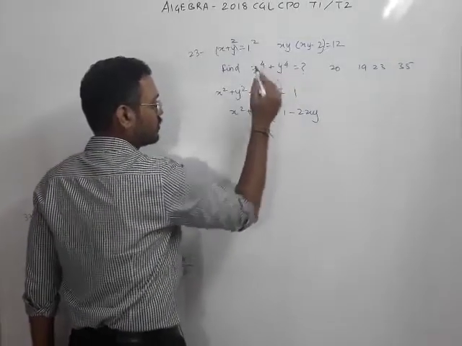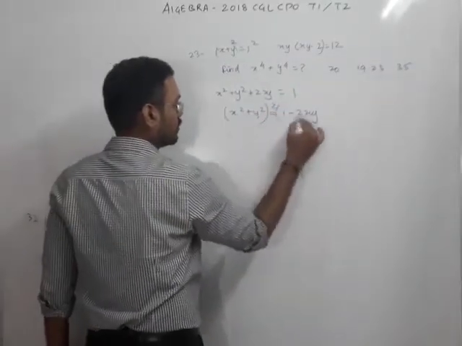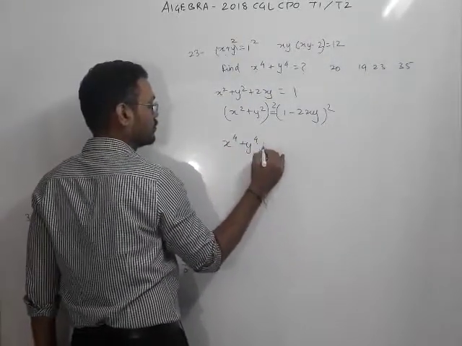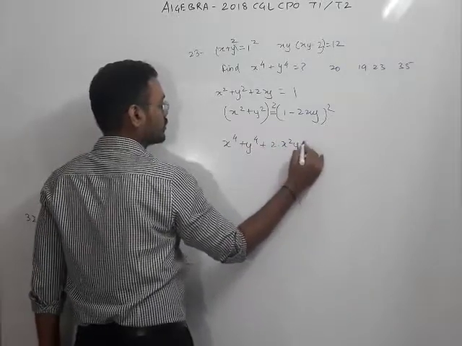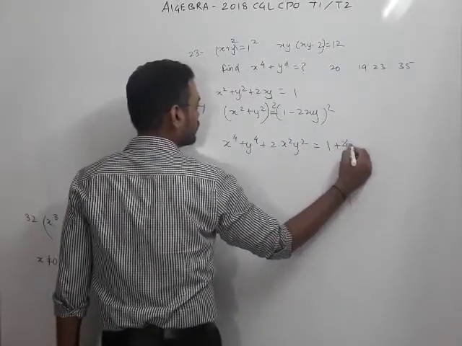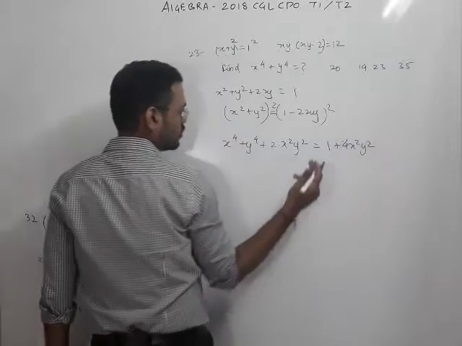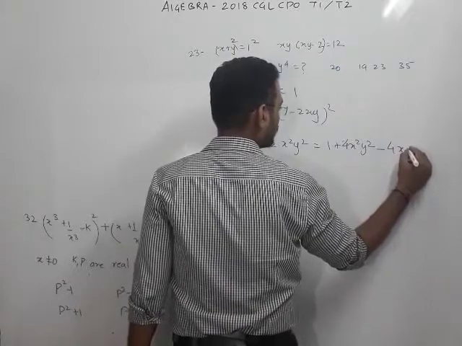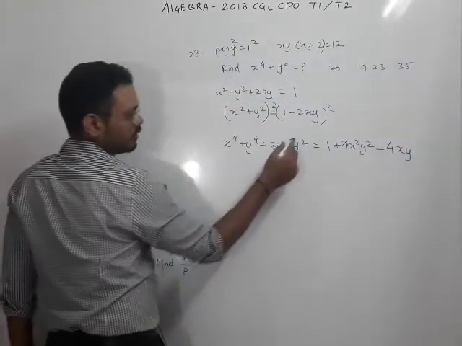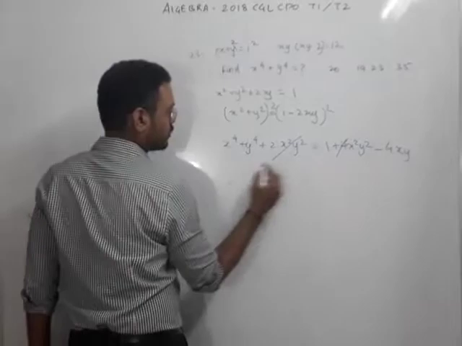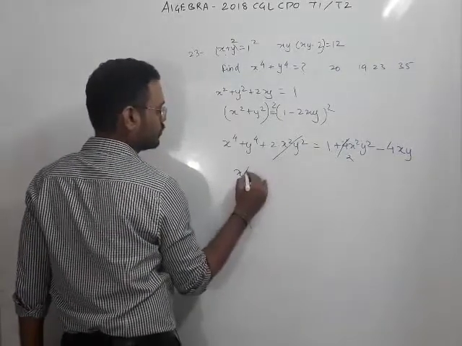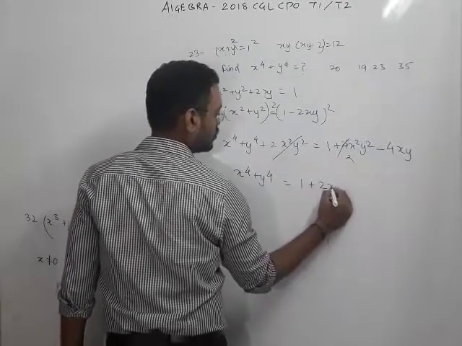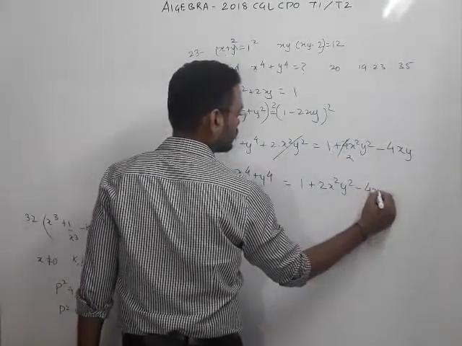I need this raised to 4, squared again. This will become x raised to 4 plus y raised to 4 plus 2 x square y square, equals 1 plus 4 x square y square minus 4xy. So x raised to 4 plus y raised to 4 is equal to 1 plus 2 x square y square minus 4xy.